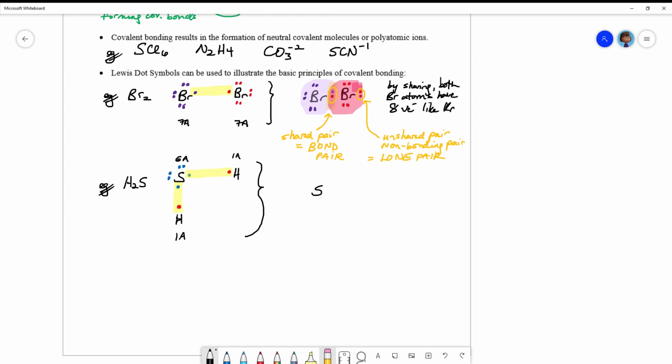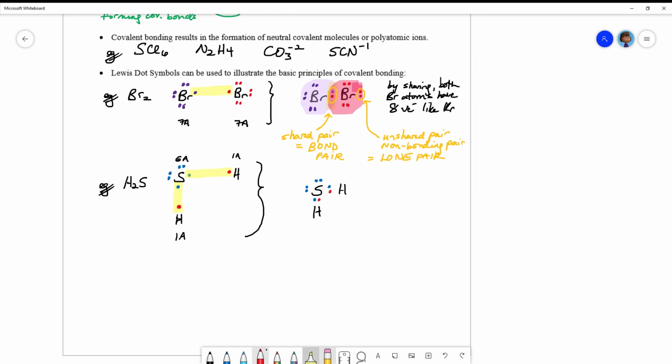So let's put sulfur here, and I'm going to put in sulfur's original valence electrons and its unpaired electrons. Then I'm going to take hydrogen and move hydrogen up close. Push the hydrogens in close and bring their unpaired electrons to pair up with sulfur's unpaired electrons.